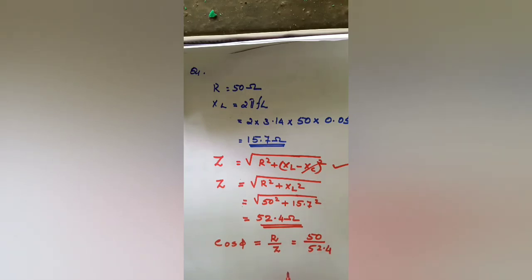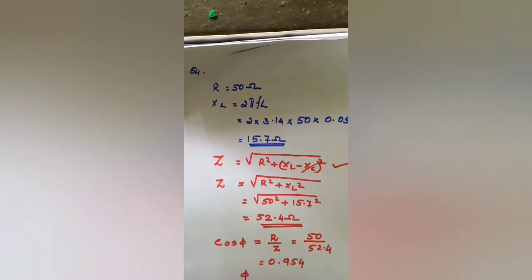That will become 0.954. From this value, we want to find out phi, the phase angle. Phase angle is equal to cos inverse of 0.954. Its value is equal to 17 degrees 26 minutes.